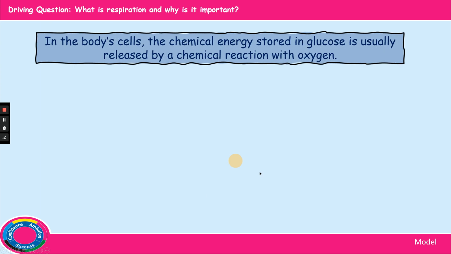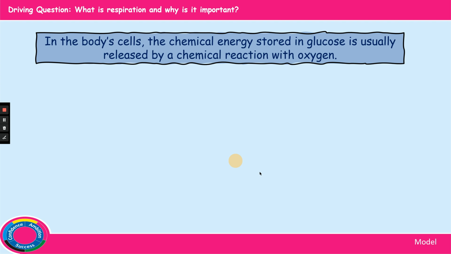In the body cells, the chemical energy stored in glucose is released by a reaction. It is that chemical energy stored in the glucose. It is then transferred from that glucose when it reacts with oxygen.